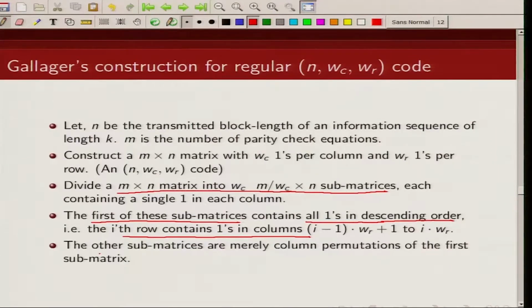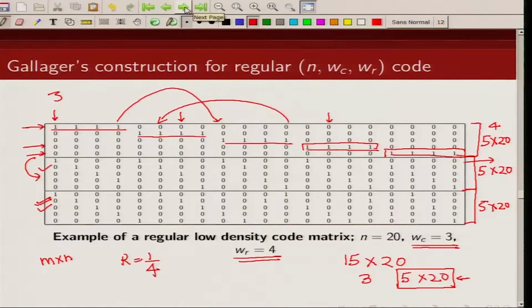The other sub matrices are merely column permutations of the first sub matrix. So this is Gallager's construction of a regular LDPC code which has WC ones in each column and WR ones in each row.